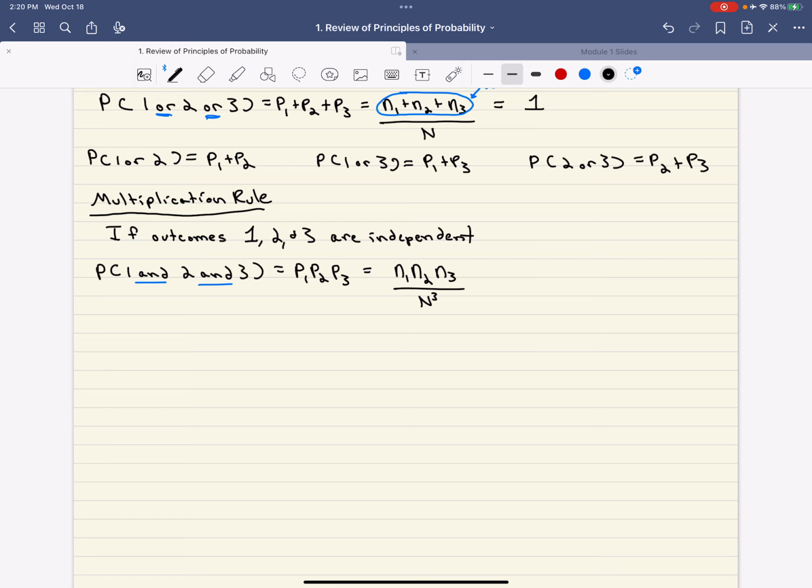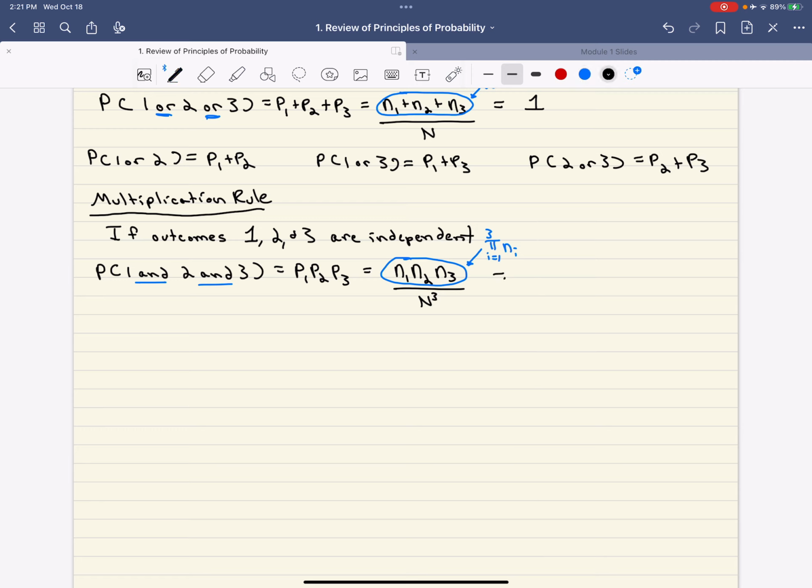Okay? In the numerator, we have the product of the number of outcomes for outcome 1, 2, and 3 all multiplied by one another. And at least a shorthand we could use to describe this situation would be this, where we're just taking the product of each of these different things. In the previous video, we gave this sort of product a special name.